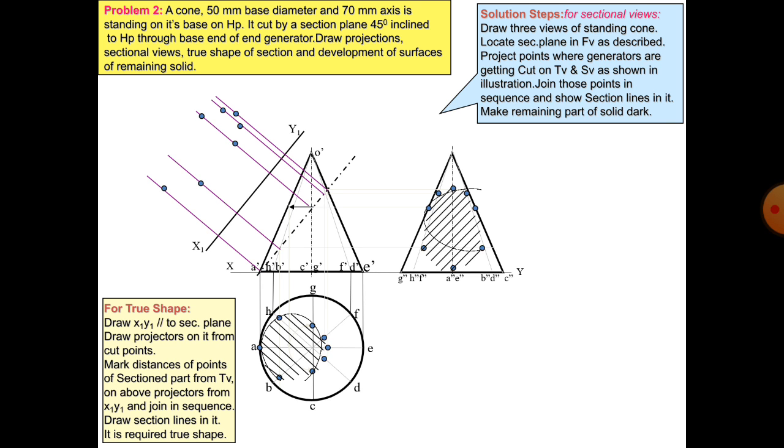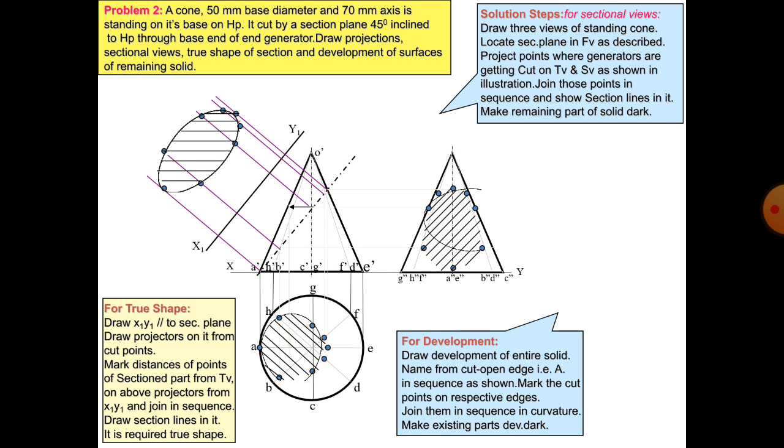This true shape is seen in the EDR subject in second semester. So let's see the development. Draw a line and calculate the angle theta with the help of generators, and draw this theta divided into 12 parts and mark as A, B, C, D, E, F, G and A dash, and show all the points with the help of projections.